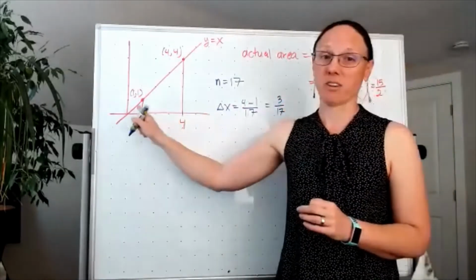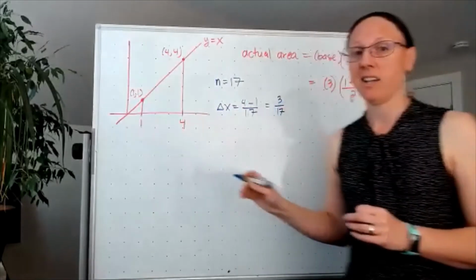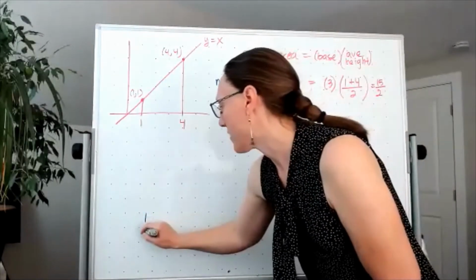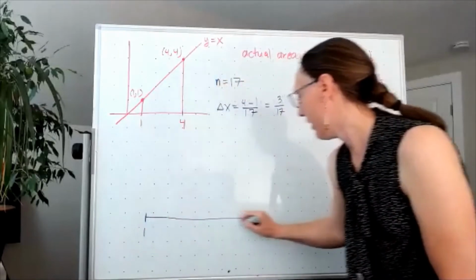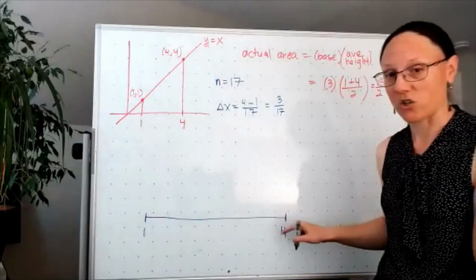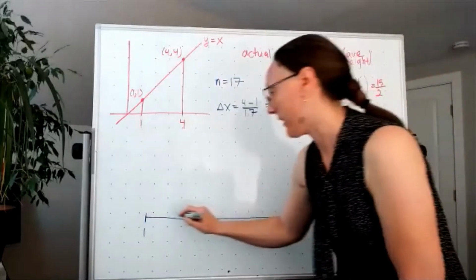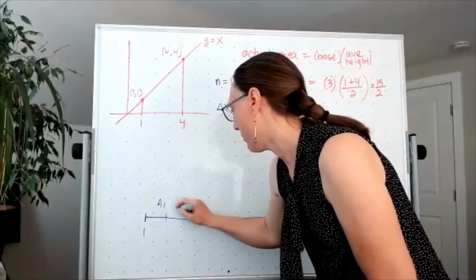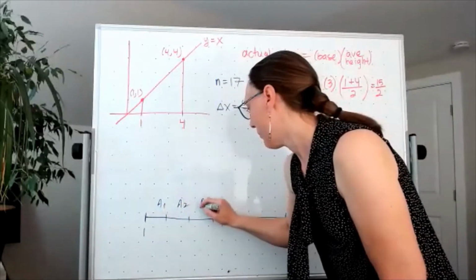Now, I can't really draw 17 rectangles in here, so I'm going to fake it, and I'm going to call this 1, and I'm giving myself a little bit more room there, and there's 14, and then I'm going to draw 17 rectangles. There's my first one, my second one, my third one.